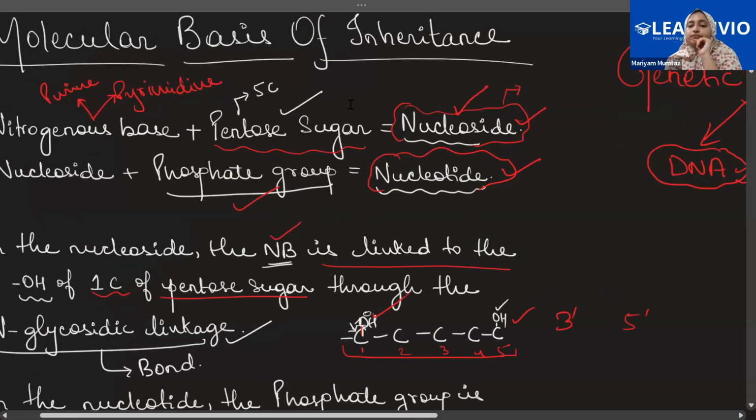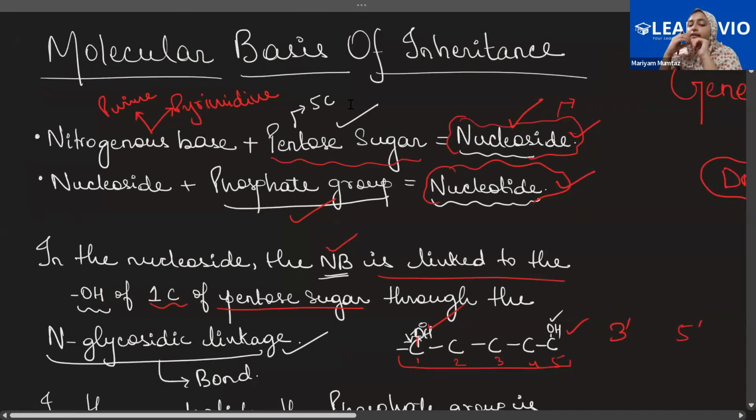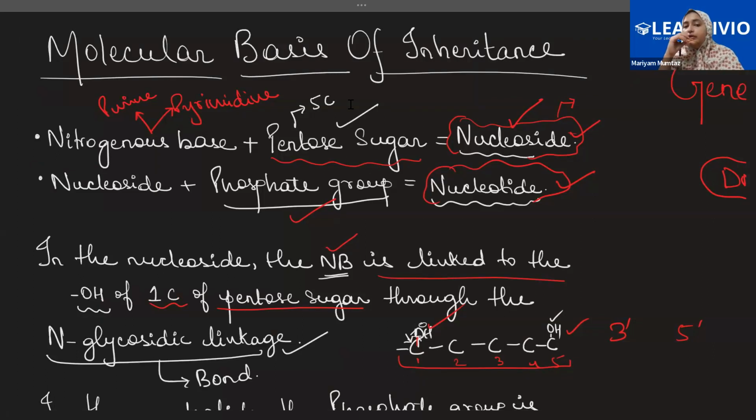Remember that the DNA we talk about is a polymer of nucleotides. You know that nitrogenous bases are present, and they are purines and pyrimidines.